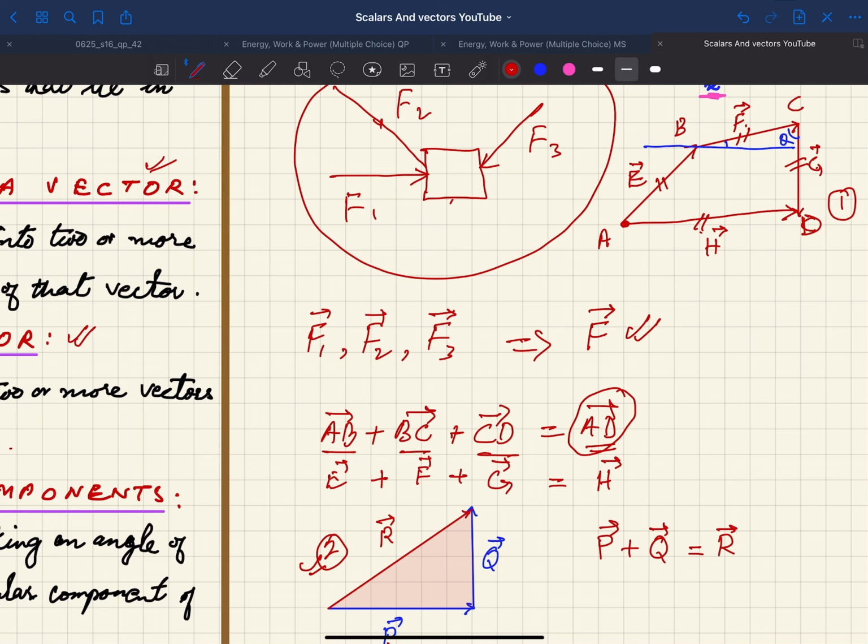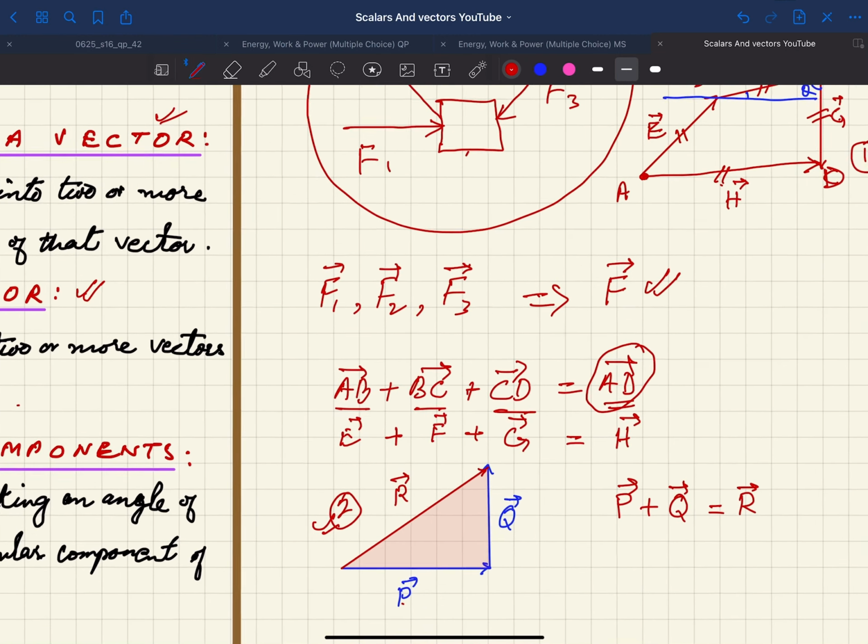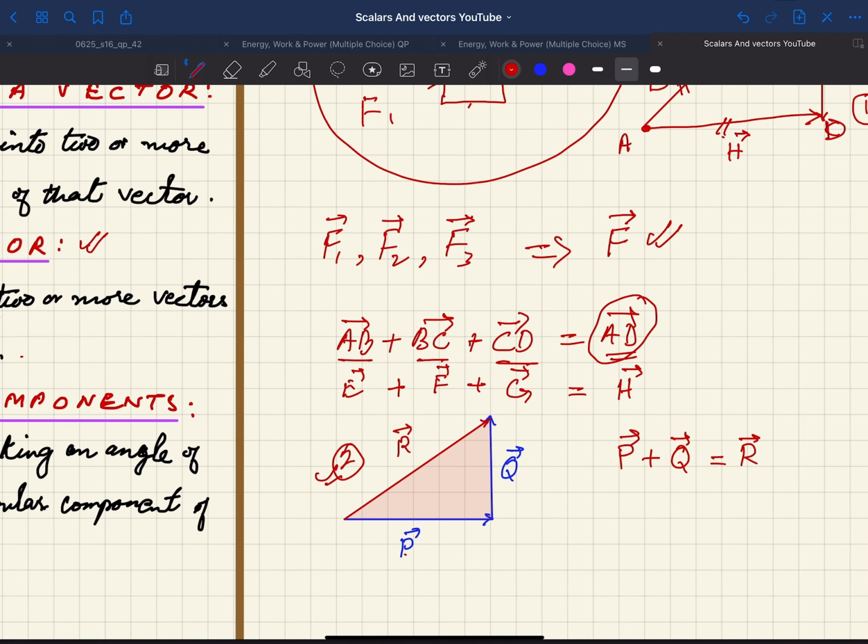But particularly when the angle between the given vectors, like P and Q in this case, is 90 degrees, you say that P and Q are the rectangular components of the resultant vector R. So R is your resultant vector.